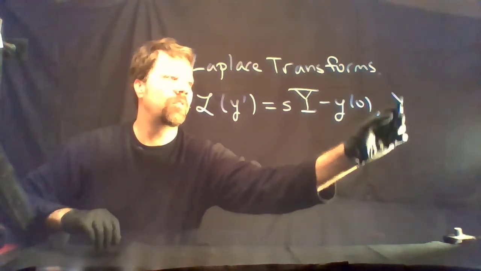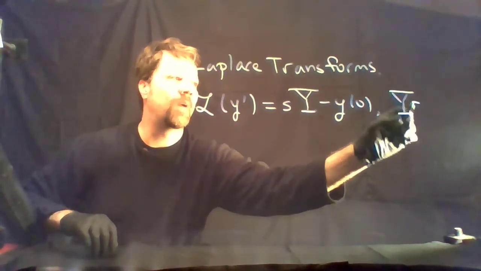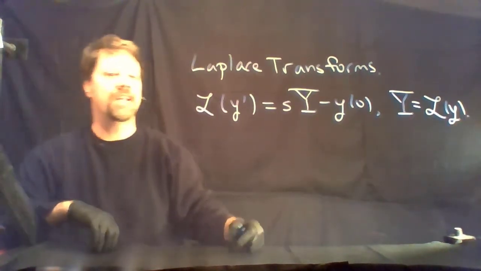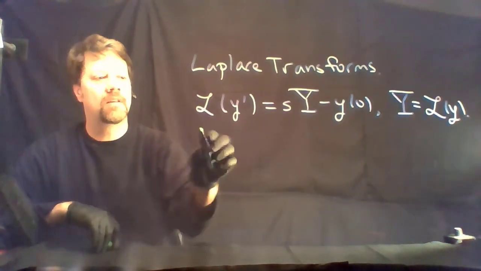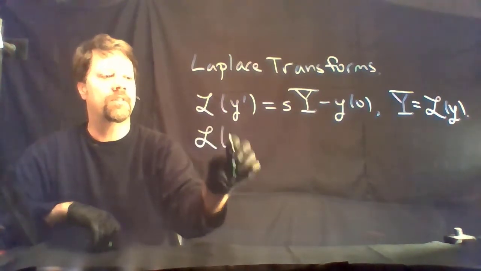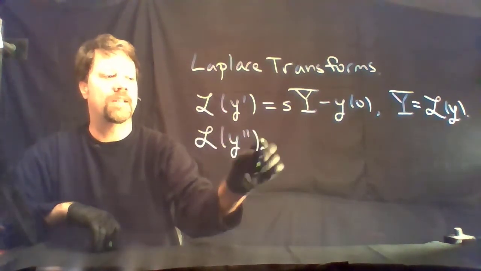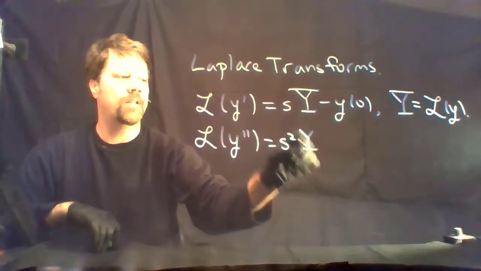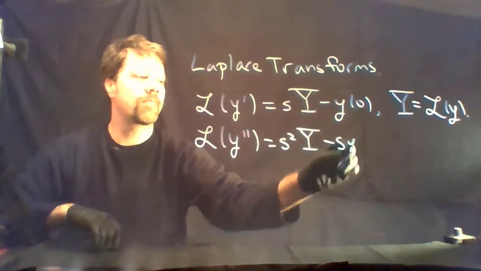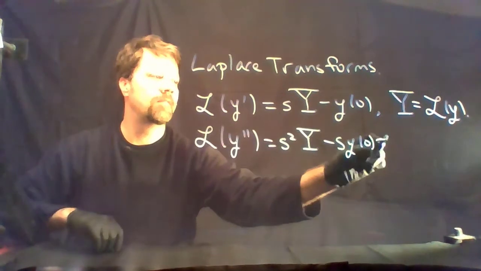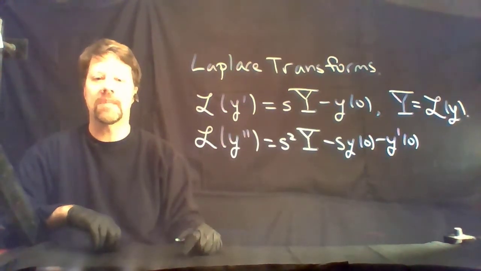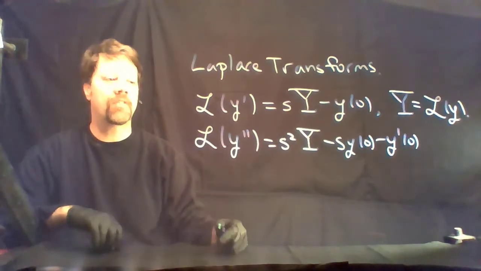Here, we suppose that capital Y is the Laplace transform of the undifferentiated function little y. We also showed how this applies to the second order derivative, undoing both derivatives here, and these formulas can be generated for nth order derivatives.